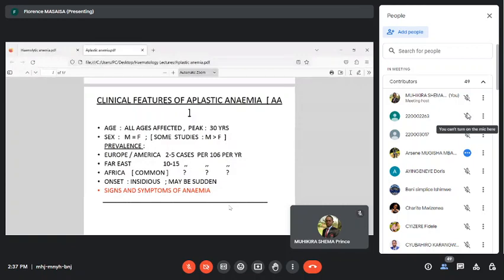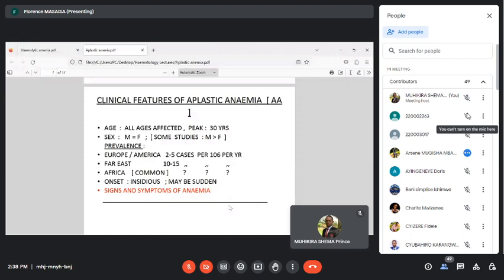That's one. Second, she will have fatigue and tiredness due to anemia. And bleeding due to low platelets.